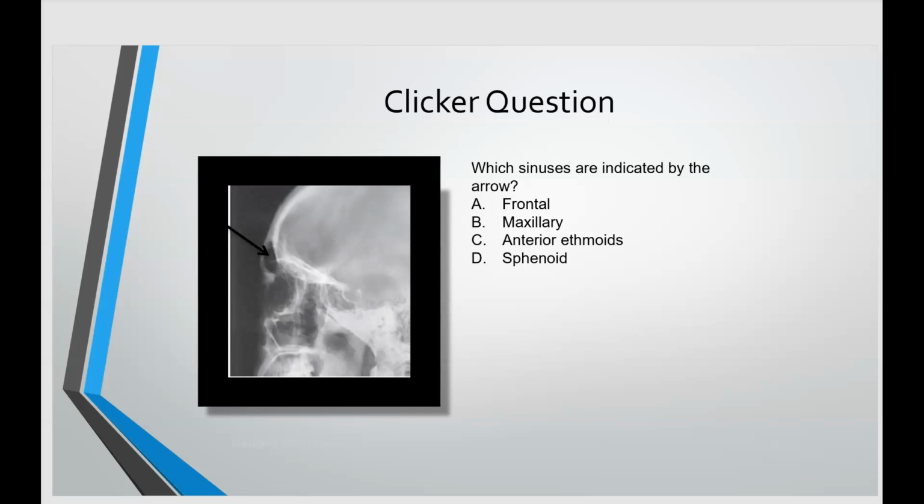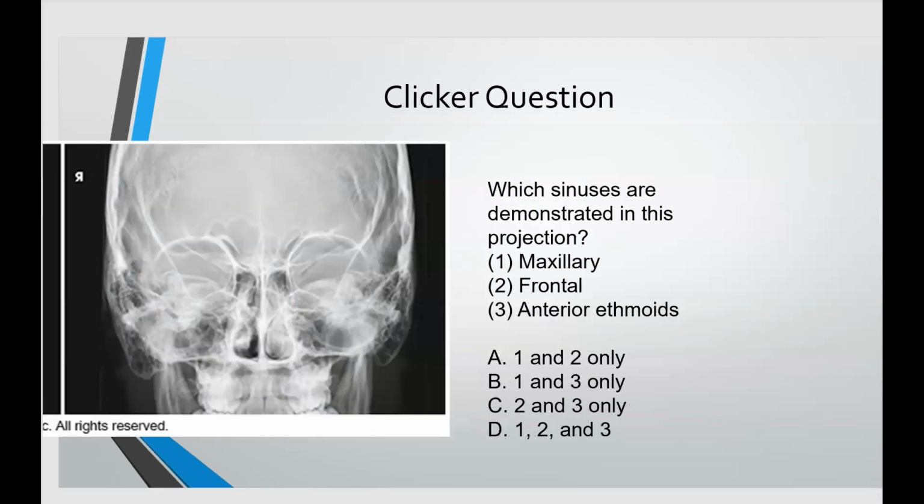Okay, now we just have a couple questions. Which sinuses are indicated by this arrow? Here's your arrow, and all of you should know which one that is. Okay, and that's the frontal sinus. Then we have which sinuses are demonstrated in this projection. So this projection has our petrous pyramids in the lower third of the orbit, so that is the Caldwell, okay? And which sinuses do we use a Caldwell for?